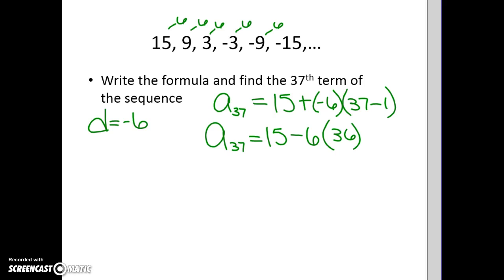Now, using my ACT approved calculator, I know that this is 15 minus 216, and that would be negative 201. The 37th term of this arithmetic sequence would be negative 201.